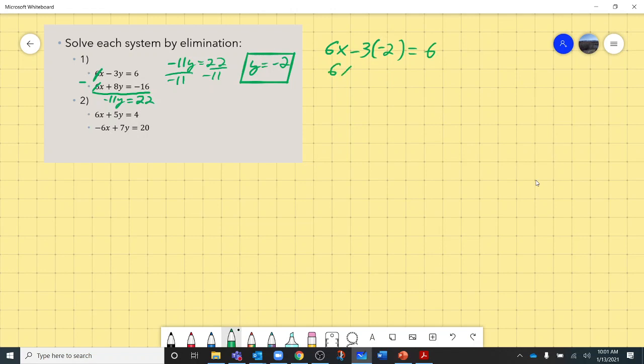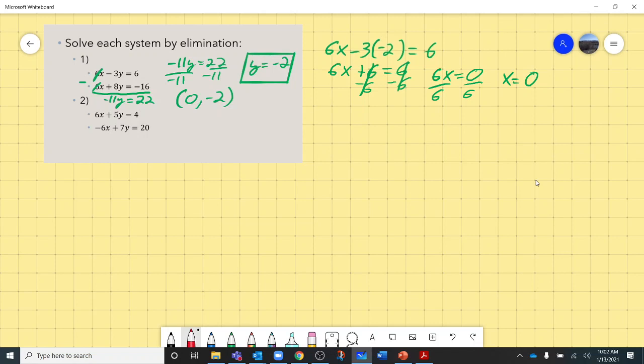So we have 6x plus 6 equals 6. We subtract 6 from both sides. Those are going to cancel, and we get 6x equals 0. Divide both sides by 6, we get x equals 0. And so our ordered pair for the first one would be 0, negative 2.